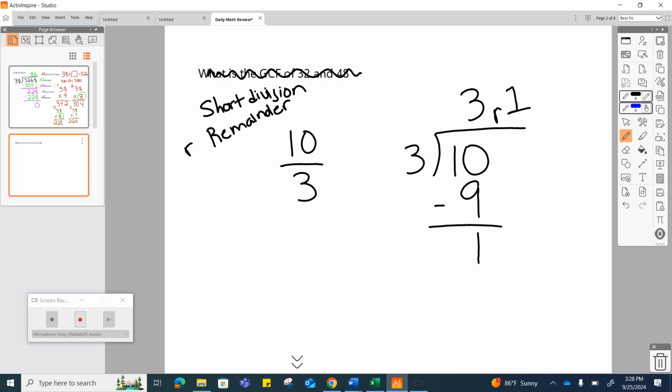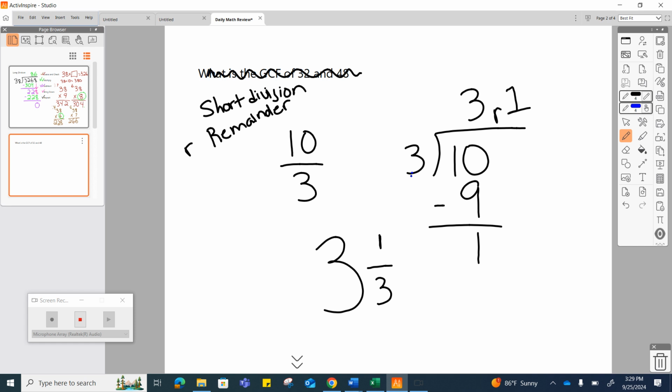That means 3 wholes and a remainder of 1. As a mixed number, that's 3 wholes, a remainder of 1 over 3 because you're dealing with thirds. Okay? I also think for homework tonight, you had to do like 15 of these.